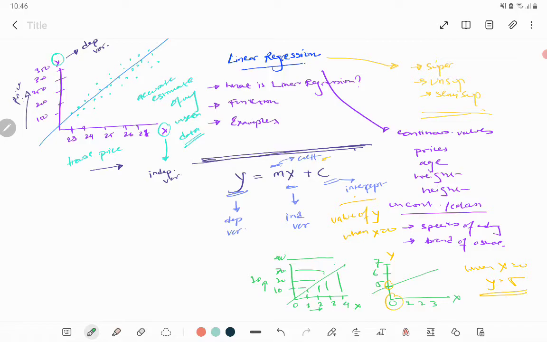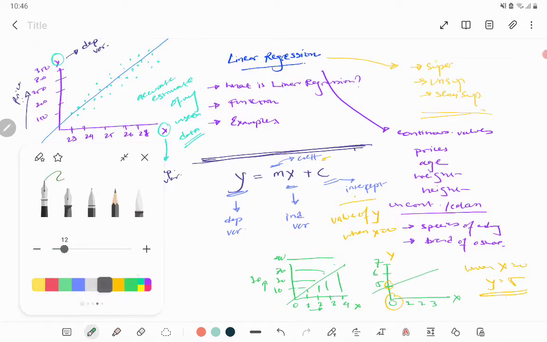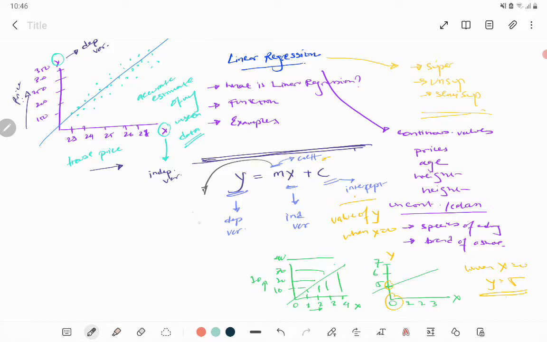So let's try to define it with a formula. If I increase x by 1 unit, the increment or decrement in y is 10.